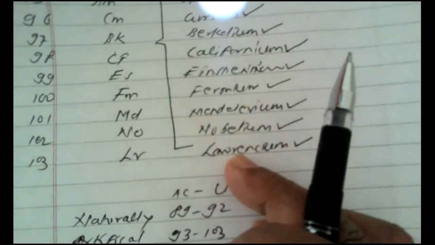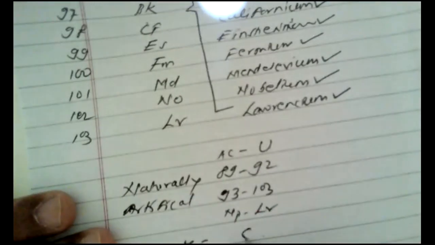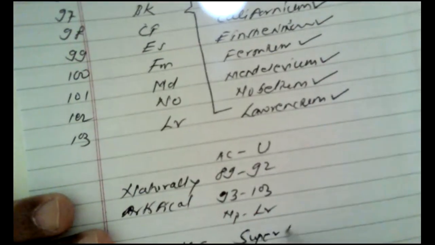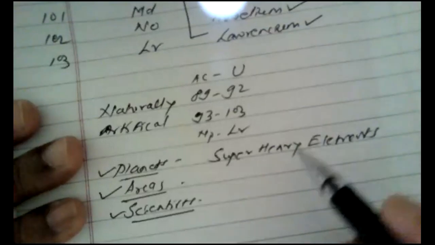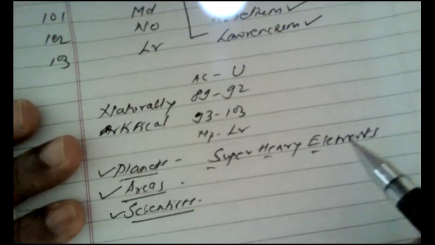Also, one more name given is that these elements are known as the SHE elements of the periodic table, because they exhibit very high molecular mass, and hence are known as the super heavy elements.